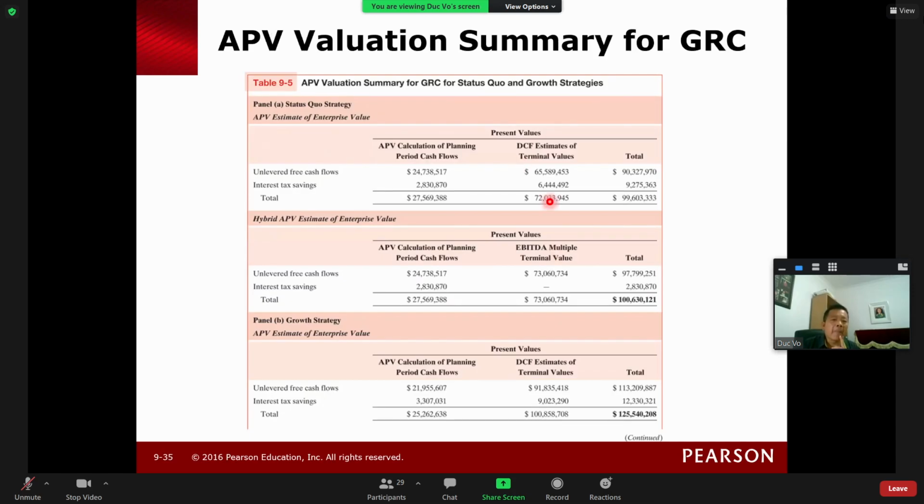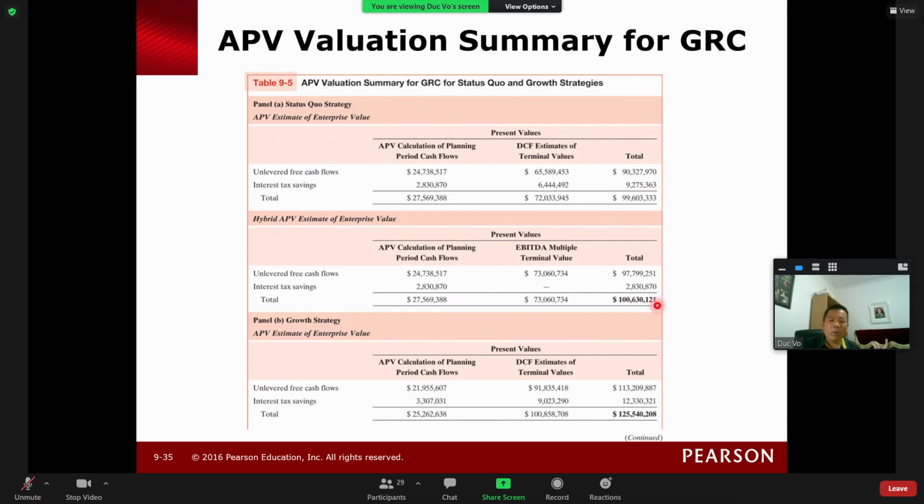You see, if you look for the APV, so this is the APV. This represents the DCF. And then if you combine with the EBITDA multiple, you can see that the first one is about 99.6 million.